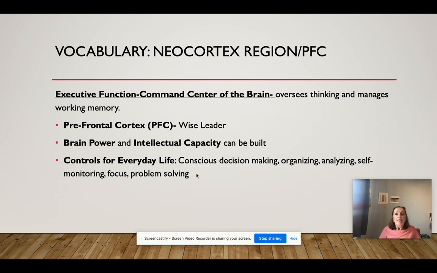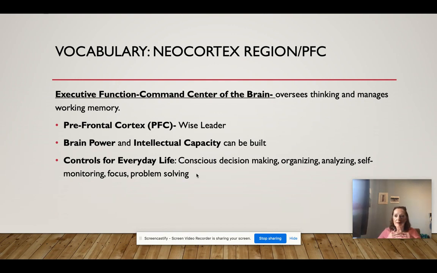So the next piece of this is the neocortex region, and this is the executive function command center of the brain. This region, the upper brain, oversees thinking and manages working memory. So this is your prefrontal cortex, the wise leader of the brain. It's here that brain power and intellectual capacity for more learning can be built.